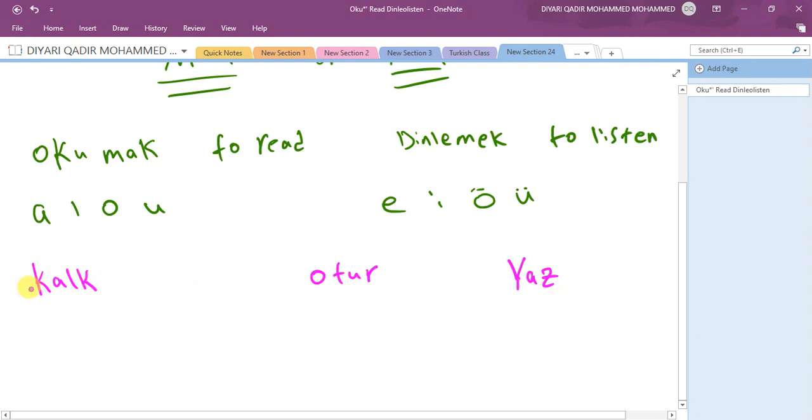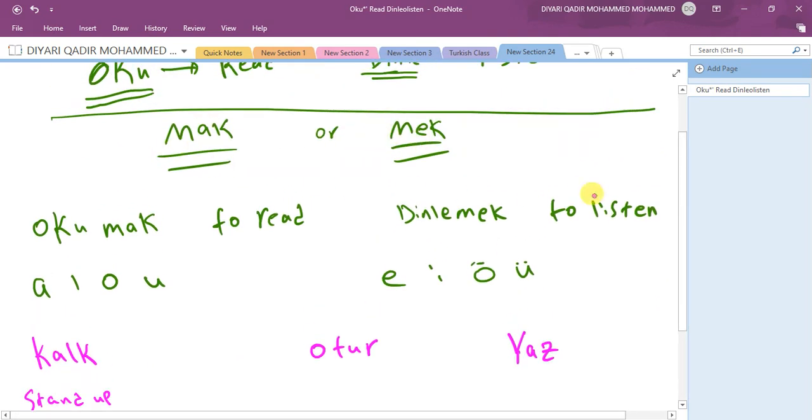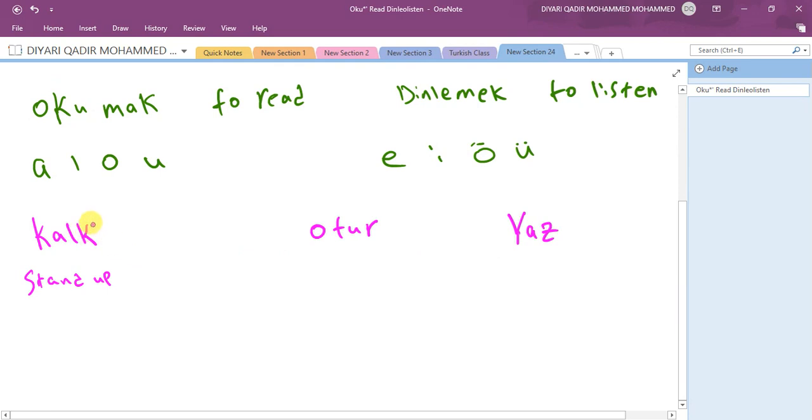Now, which one should we use, mak or mek? Kalk, it means stand. This is an order. You are ordering the second person to stand up. Kalk, stand up. If you use the suffix mak or mek, it becomes the form for stand up.